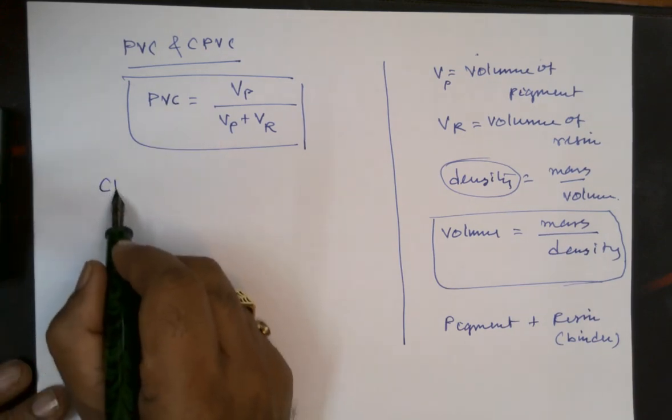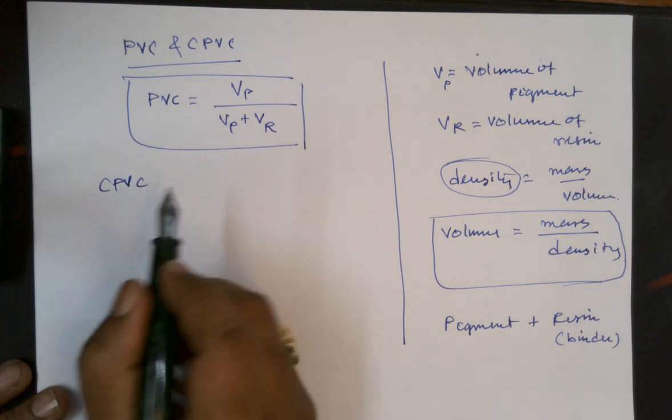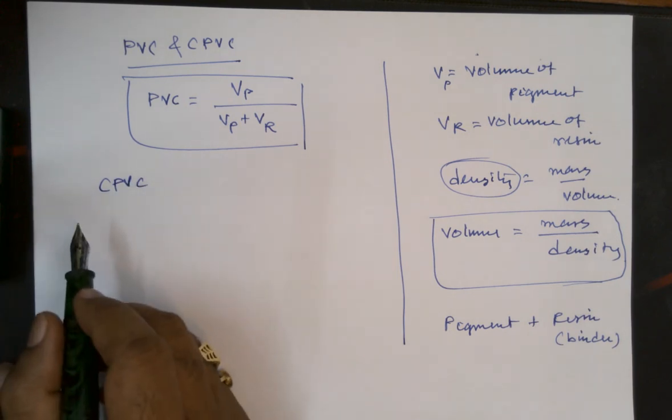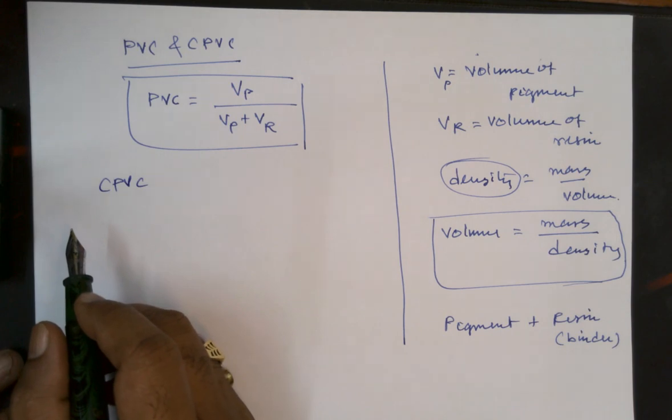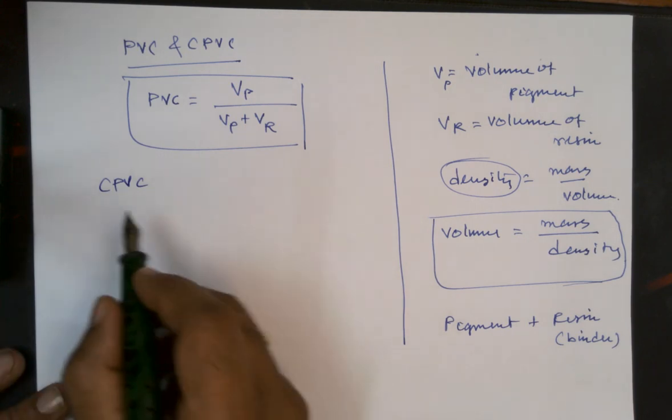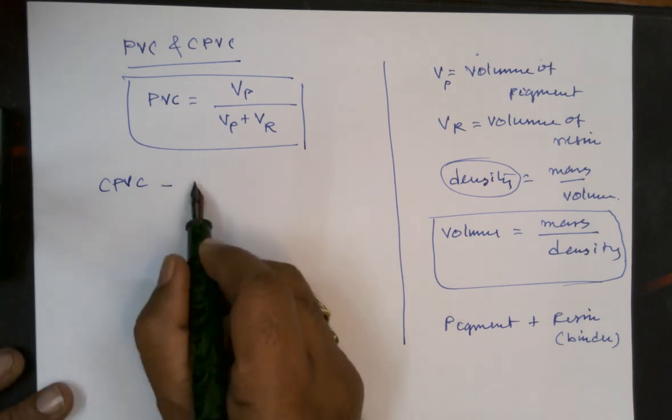CPVC means critical pigment volume concentration. It is the point at which the right amount of binder is present.